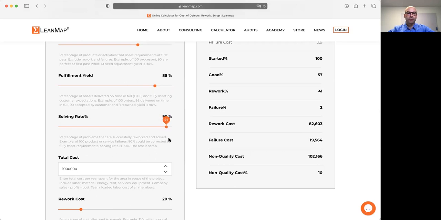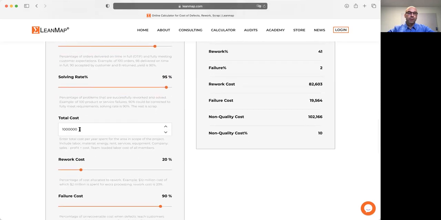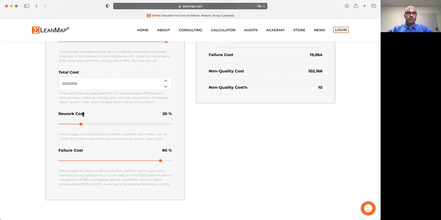And the total cost in our department is $1 million. It's a small department. And the rework cost is 20%. So if you have a business, or a department, or a group, you need to determine how many activities, how many of your people, how many labor hours, how many resource hours are used for rework.